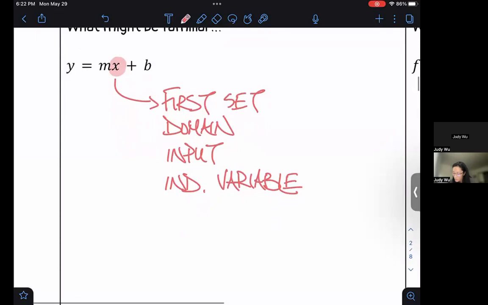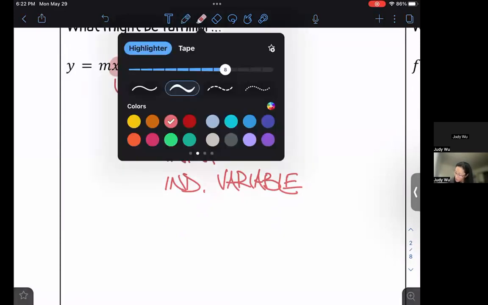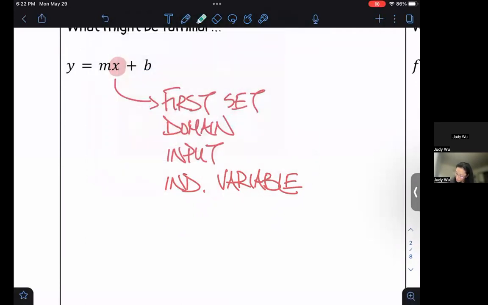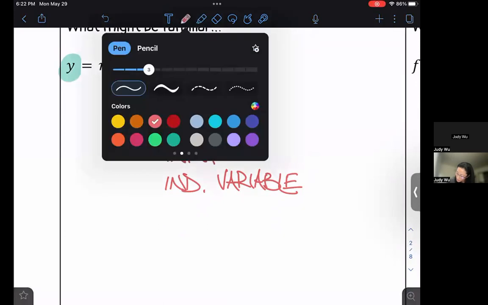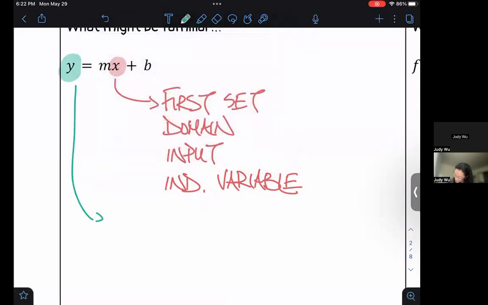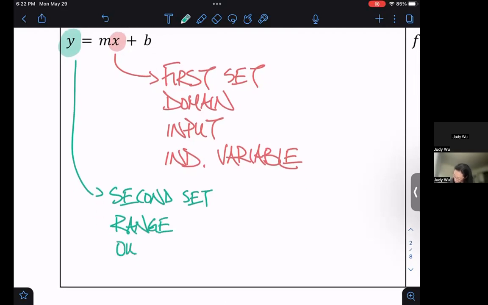All right, that's our first set, our domain, our input, our independent variable. But on the flip side, y, this is our second set, our range, our output, or our dependent variable.